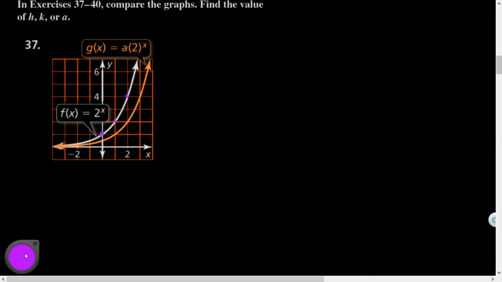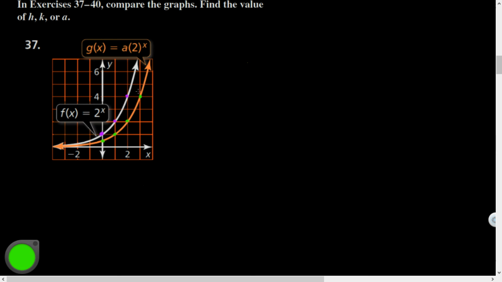So now the question is, when it went to the orange graph, 1 became a half. All right, I'll label these with green so they show up. 1 became a half. 2 became 1. 4 became 2. And 8 became 4. So what happened to all of those y values that shrunk them?